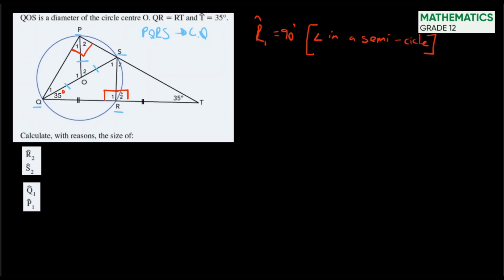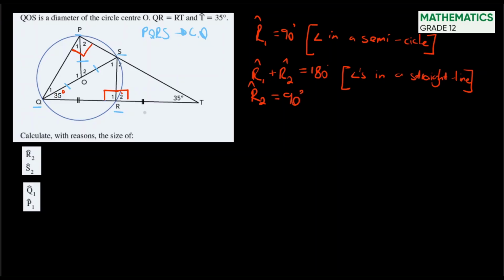It's also equal to 90 degrees, because when you add angle R1 plus angle R2, you should get 180 degrees, and that's angles in a straight line. So therefore, angle R2 is equal to 90 degrees.